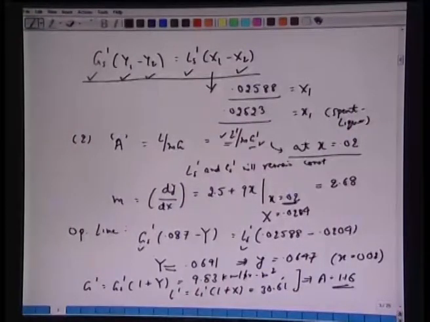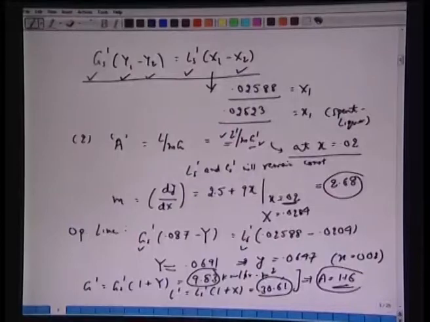So, we have the absorption factor, knowing the slope of the curve 2.68, knowing L prime which we have calculated as 30.61, and G prime 9.83, at this location where the mole fraction is 0.02, to obtain this absorption factor 1.16.